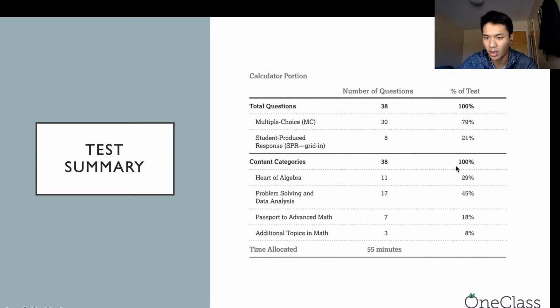What's really important to note is that Problem Solving and Data Analysis is the core tested subject out of the 4 categories in the calculator portion. So it's really important that you have a firm grasp of these areas, and that's quickly followed by the Heart of Algebra section. So this is the calculator portion.